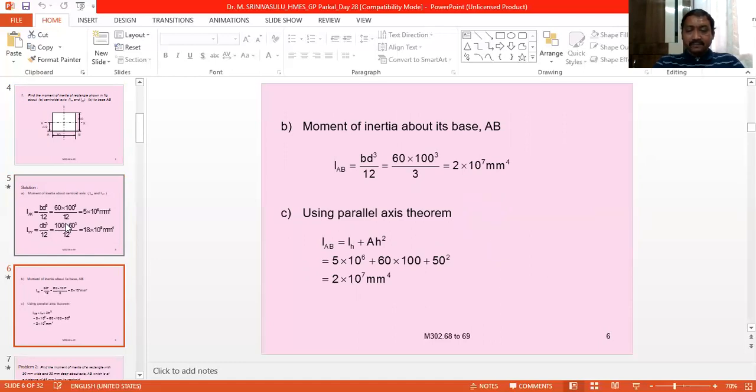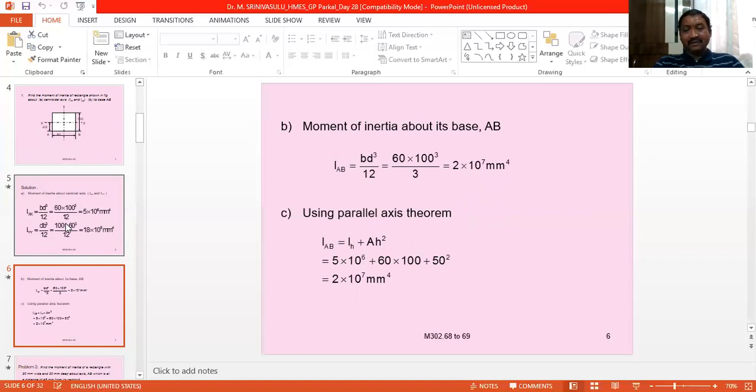Substituting the given values, we get IAB equal to 2 into 10 power 7 mm to the power 4. This is the answer for the moment of inertia of the given rectangle about the base AB by using the direct formula.